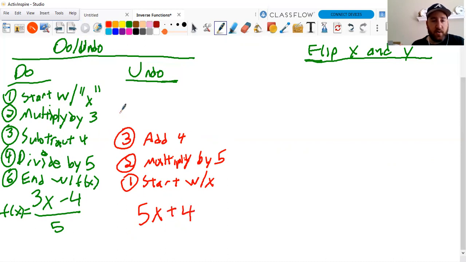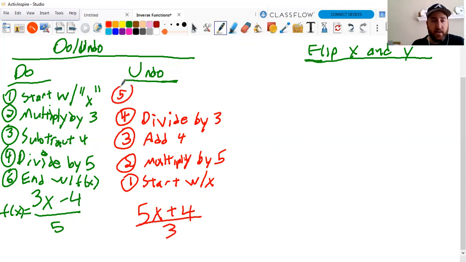Add 4. That's not helping as well. Divide by 3, so divide the whole thing by 3.